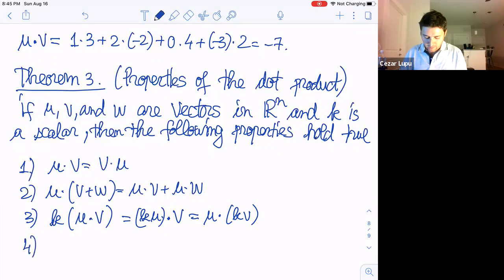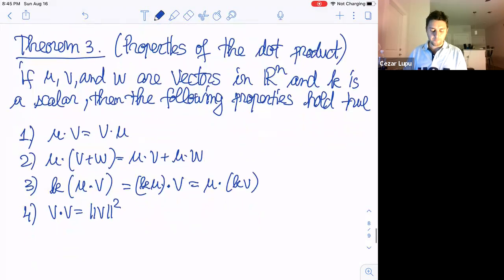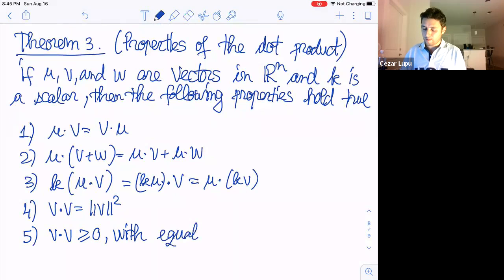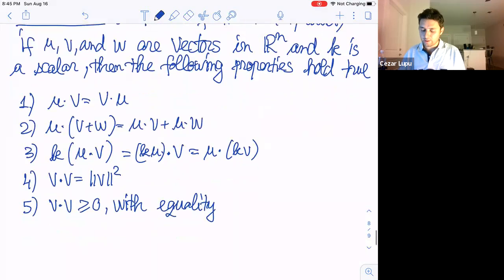The fourth one is that v dot v, when we dot v with itself, is nothing else than just the magnitude of v squared. And also it's quite clear v dot v will always be non-negative, with equality if and only if, as you might expect, v is the zero vector.